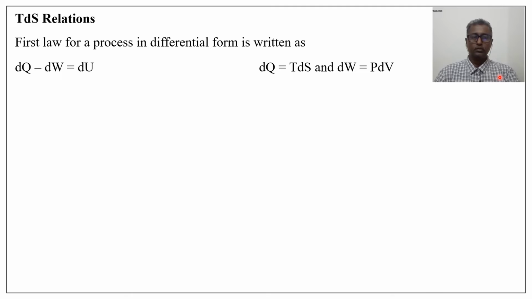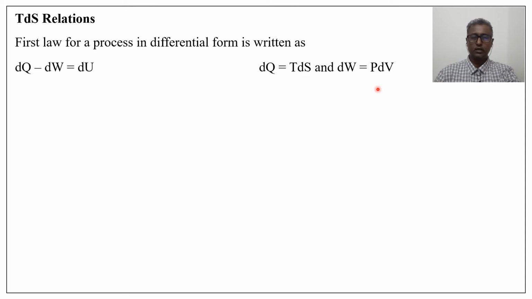we know the first law for a process in differential form is dQ minus dW is equal to the change in internal energy. What is this dQ? Just now we discussed dQ equal to TdS, and in the absence of other works, or if only PdV work is considered, dW is equal to PdV.